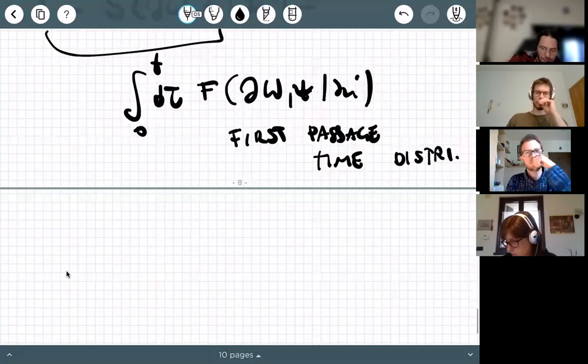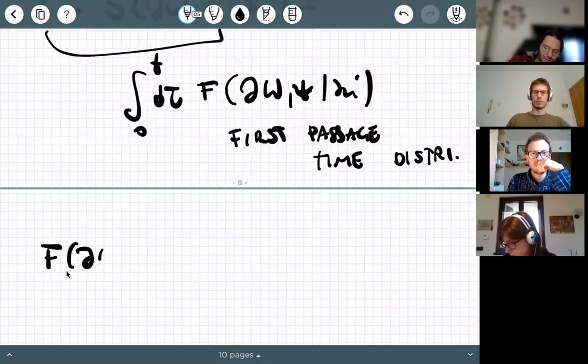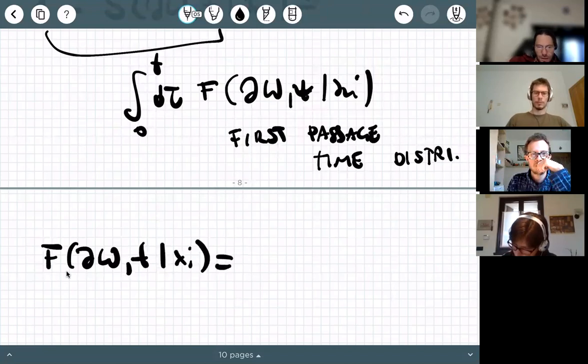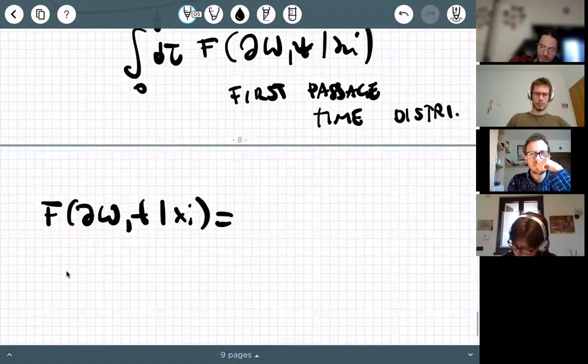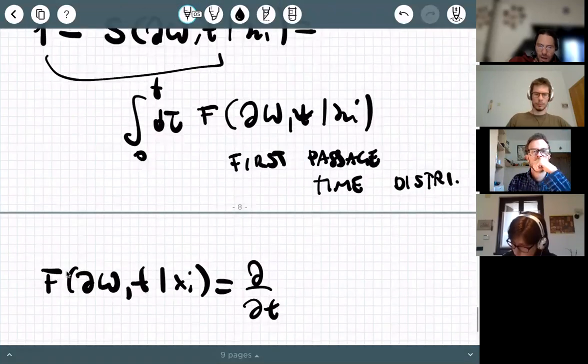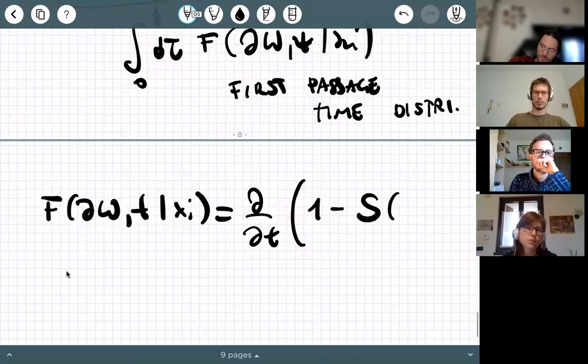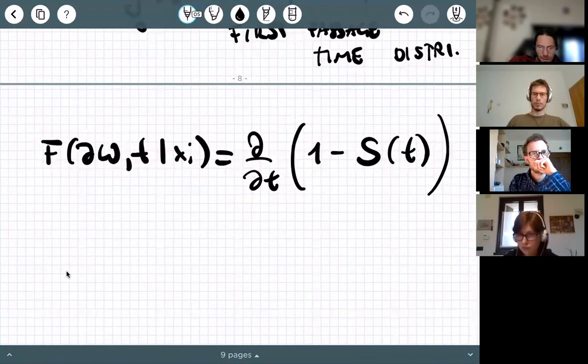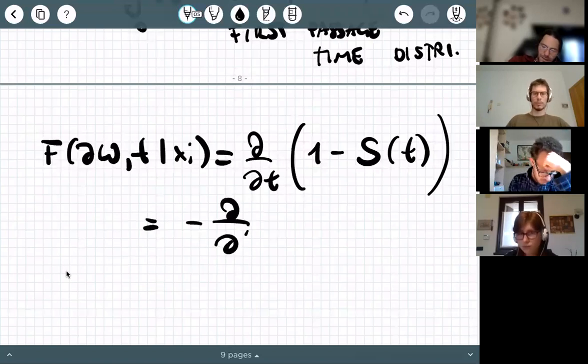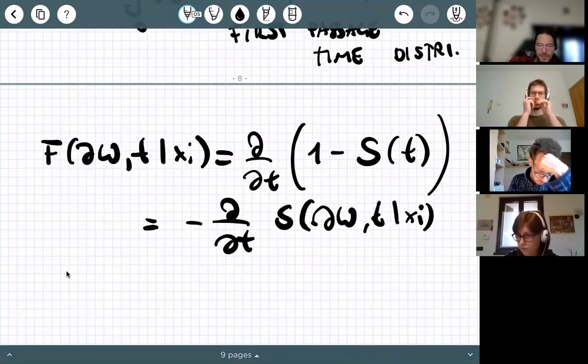And therefore, the first passage time distribution is nothing but the time derivative of 1 minus the survival probability. And therefore, it is d by dt of S dW t xi.